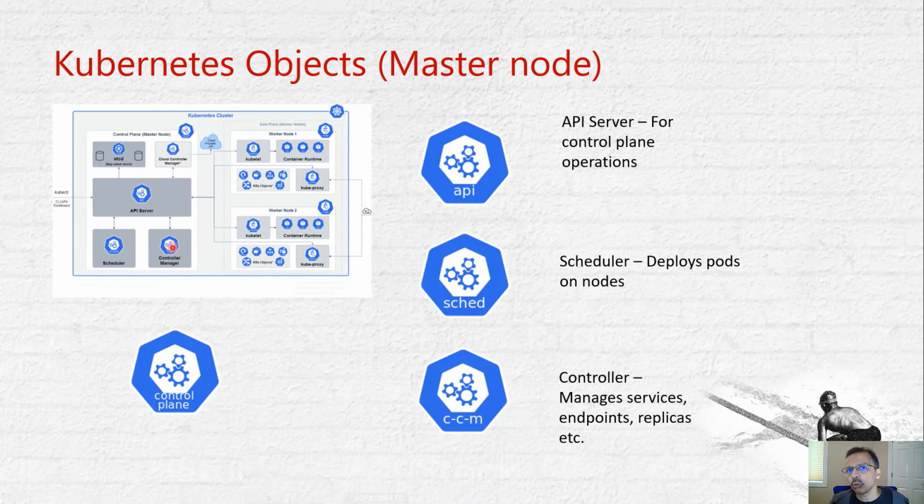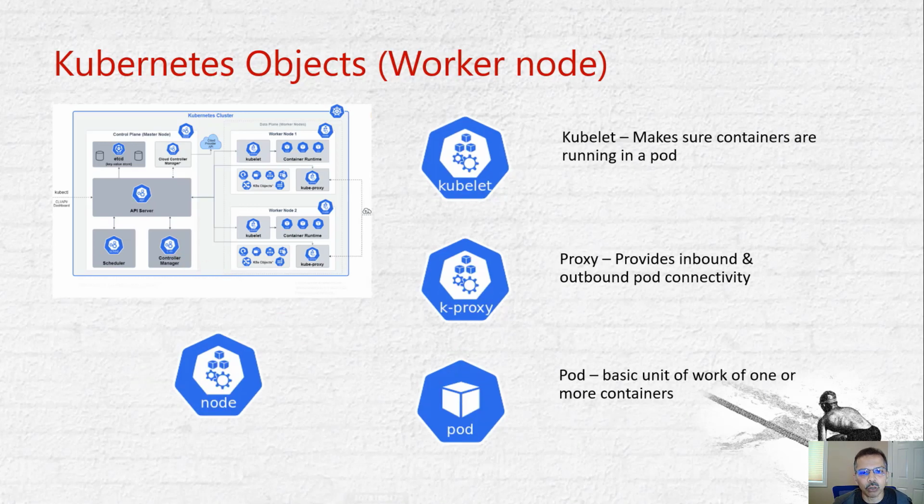And we've used this controller pattern by creating a data controller so that we can state the desired state of the SQL managed instance that we are running in the Kubernetes cluster. It runs controller processes. Logically, each controller is a separate process, but to reduce the complexity, they are all compiled into a single binary and run in a single process. Now let's go through the worker node.